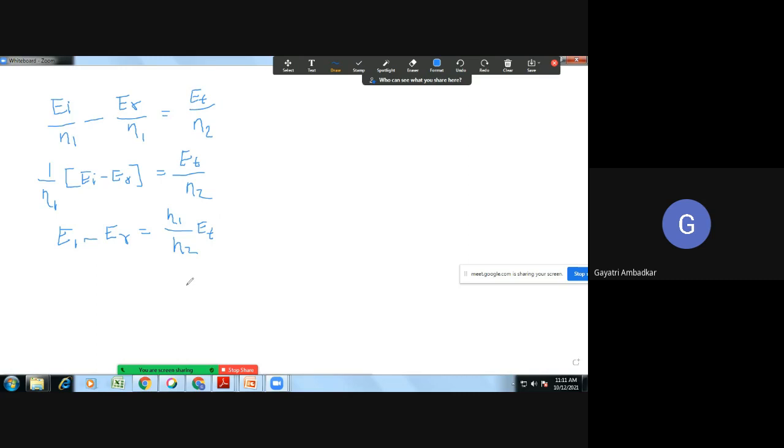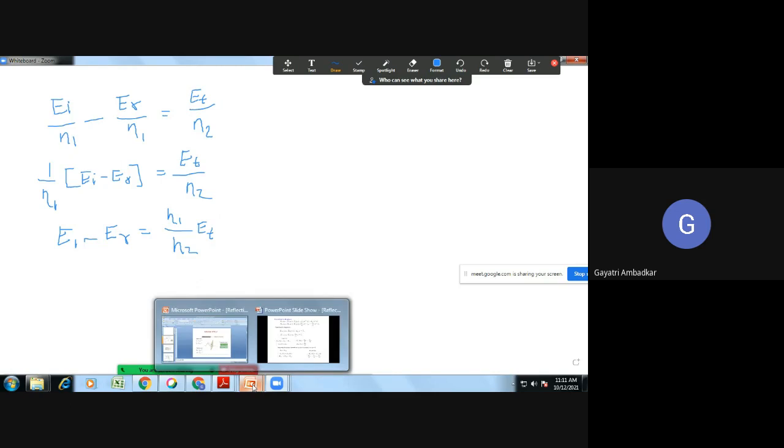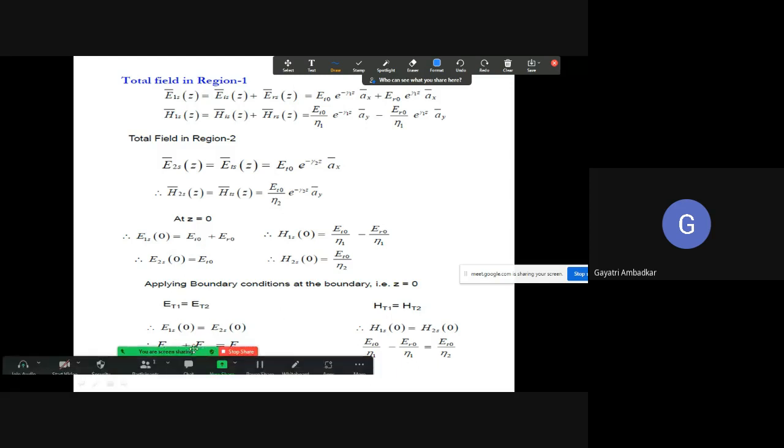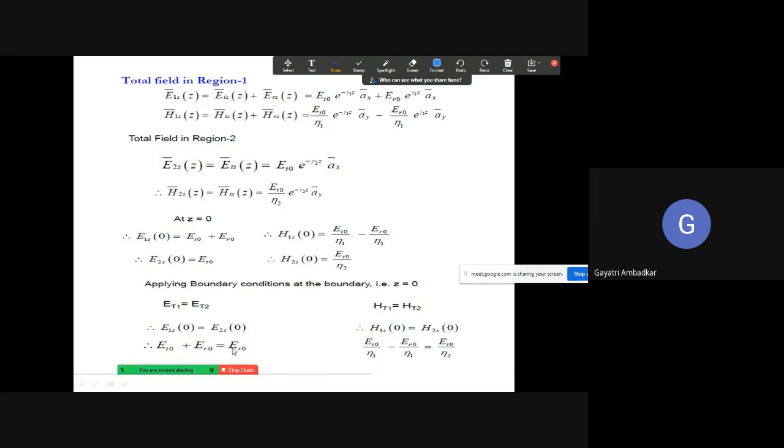Previously, in region 1, if you look at this, it is incident plus reflected, Ei plus Er. Look at the cursor: for the transmitted part, Et equals Ei plus Er. So we will use this equation and this equation.